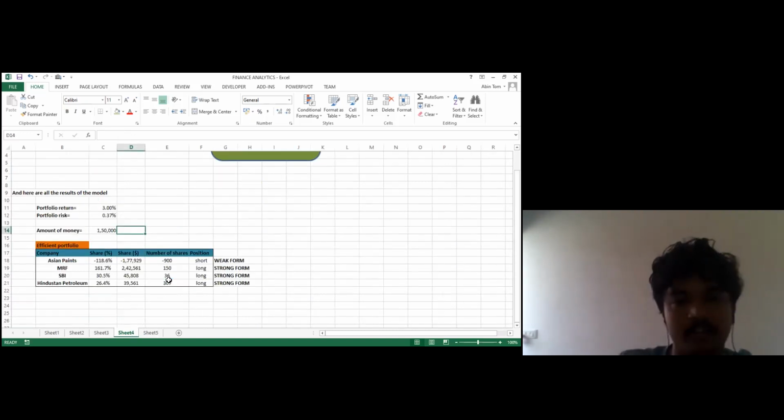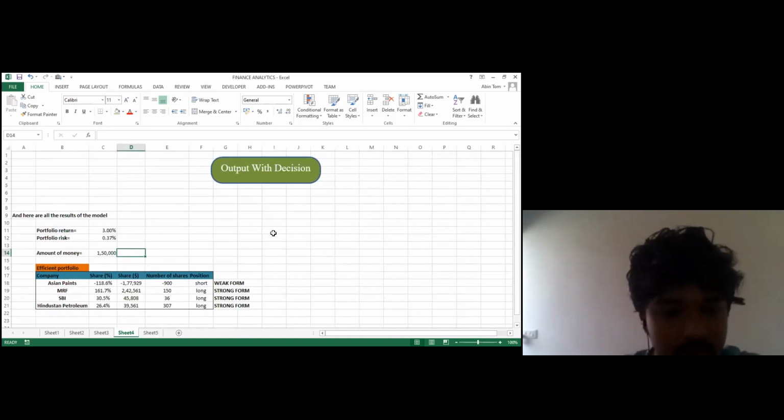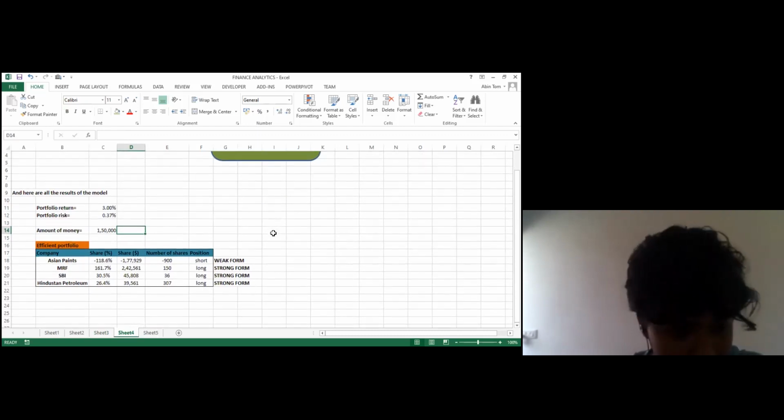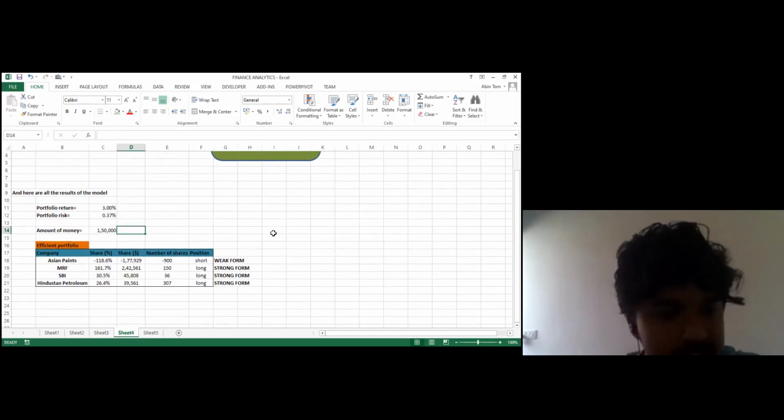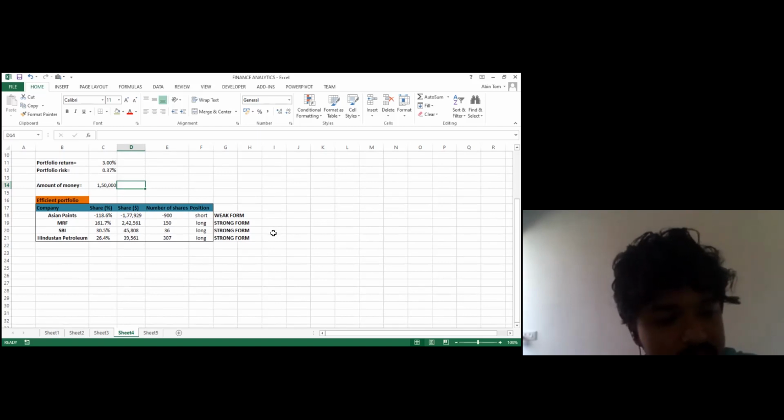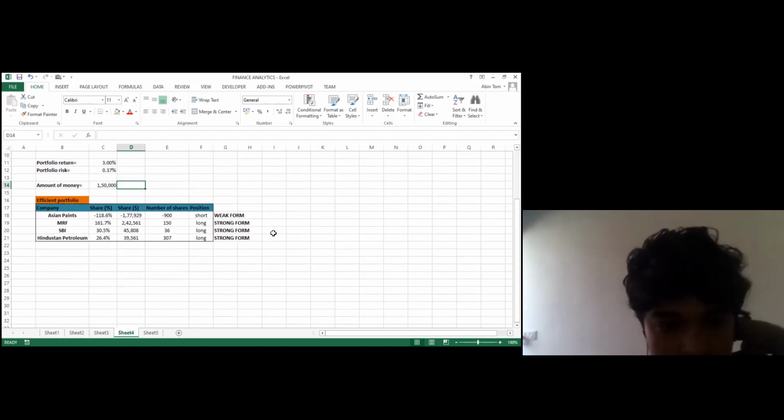This is our output and the decision which I got. The weak form efficiency test states that the prices, historical values and trends can't predict the future prices. Weak form efficiency is an element of the efficient market hypothesis. Weak form efficiency states that stock prices reflect all the current information.